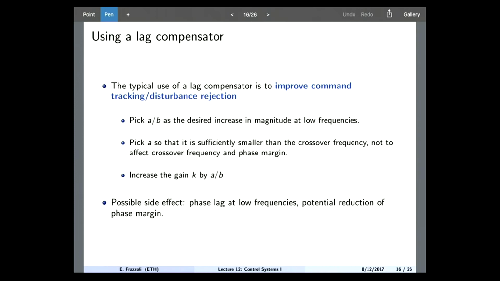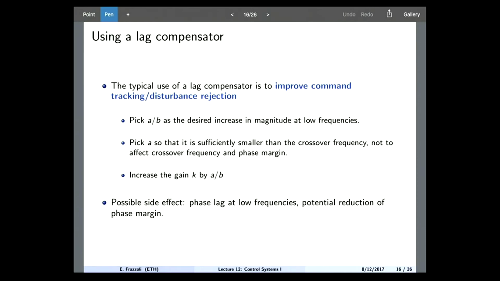So you see where you are when you are crossing over, right? Your phase can be as small as you want, as long as your magnitude is not 1, right? So essentially what you want to do is make sure that the phase lag occurs away from crossover.